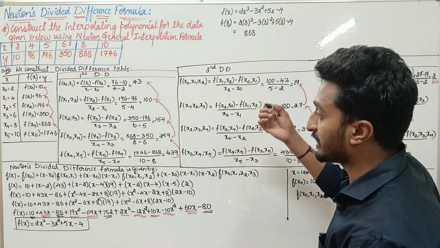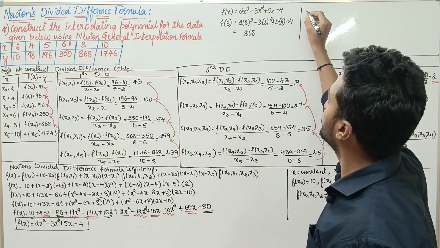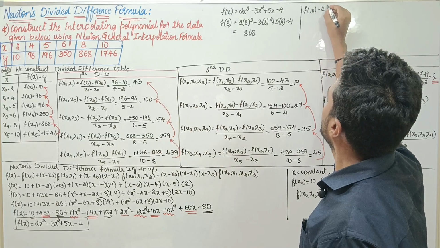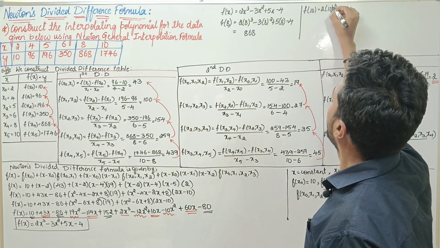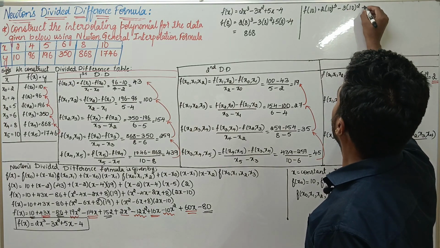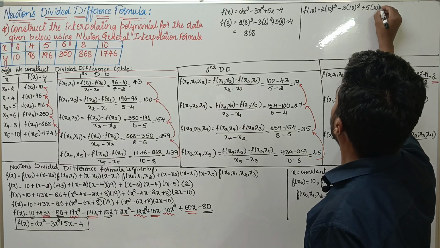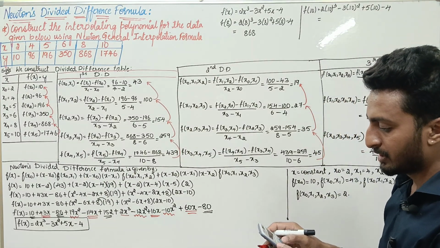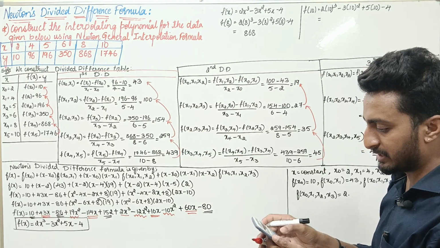Let us go with another one also. Let us do the 10th one also, that is f of 10, which is equal to 2 into 10 cube minus 3 into 10 square plus 5 into 10 minus 4. Again, just simplify. In place of 8, replace 10.